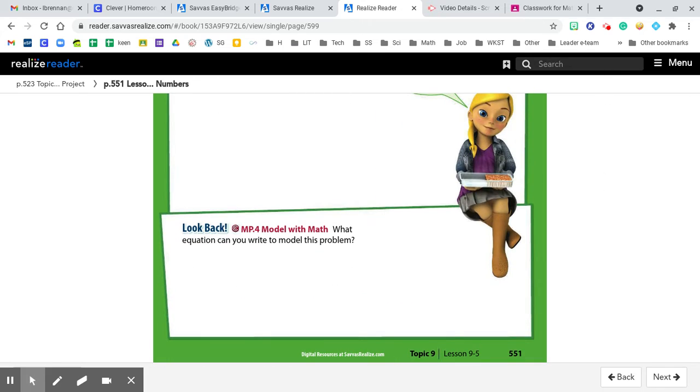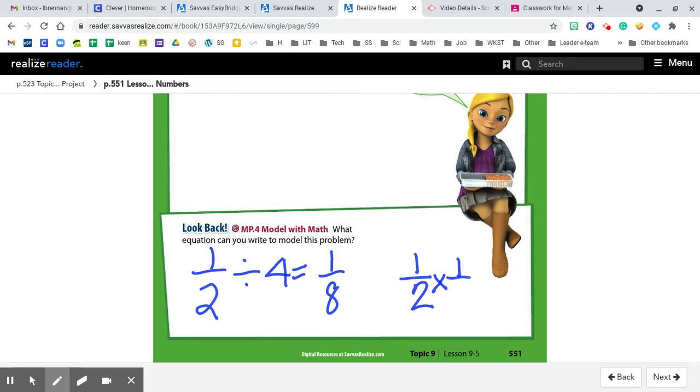What equation can you write to model this problem? So we just did that. We have 1/2, half of a lasagna, divided between 4 people equals 1/8. Or you could say 1/2 times 1/4 equals 1/8.